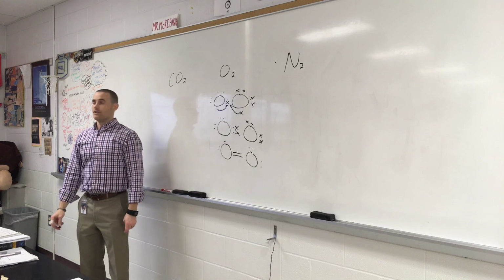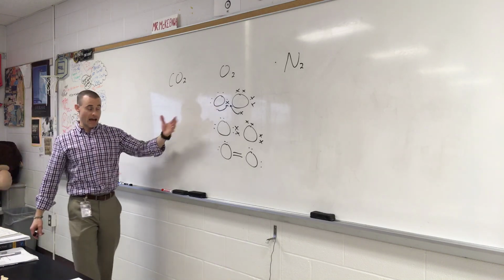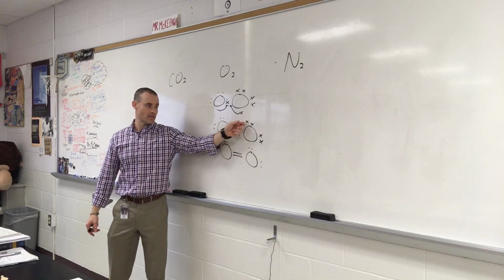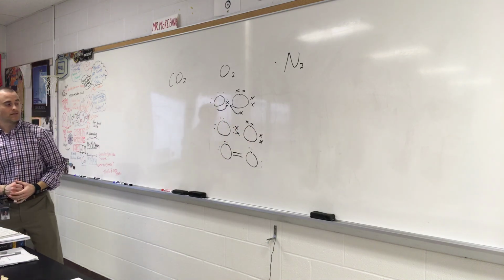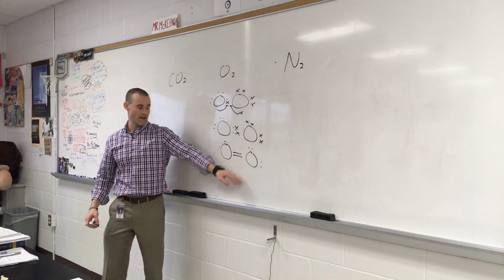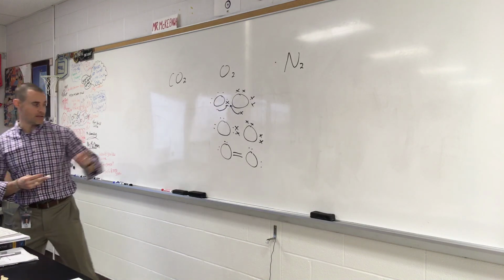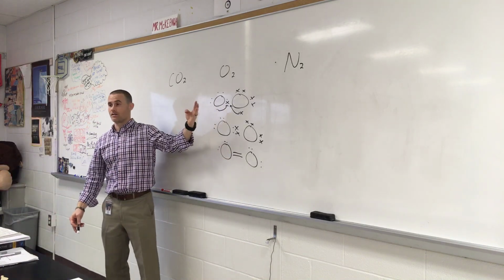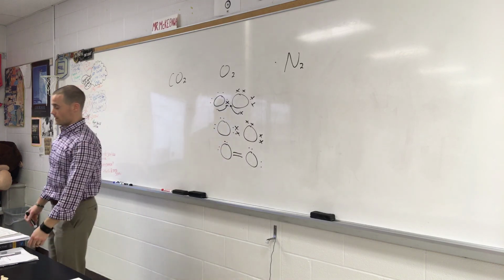The double bond is shared between both atoms, so that's now how they get 8. 2, 4, 6, 8. Make sure you write that down: double covalent bond. You see the 2 lines, which is 4 electrons now. That's called a double bond.